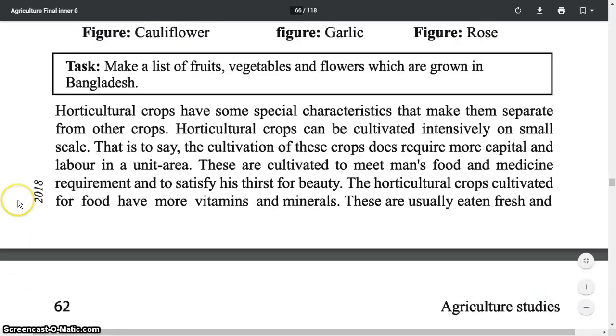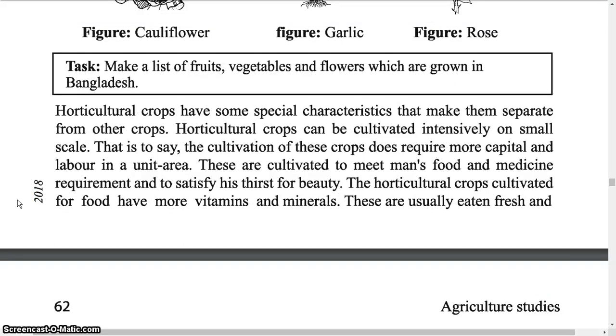Now I am going to discuss some important things. You know that horticultural crops have some special characteristics that make them separate from other crops. Horticultural crops can be cultivated intensively on a small scale.